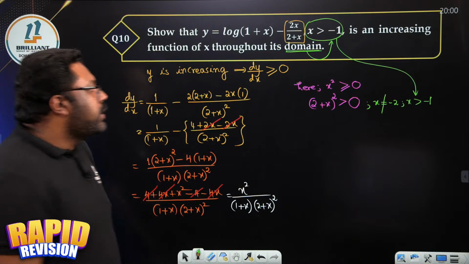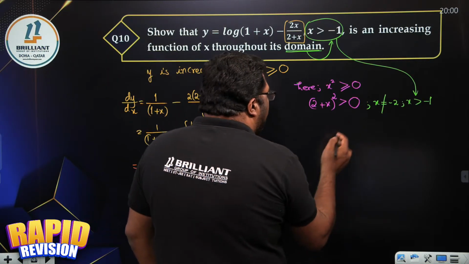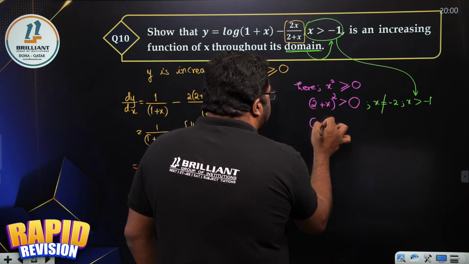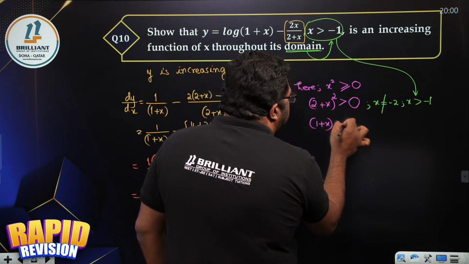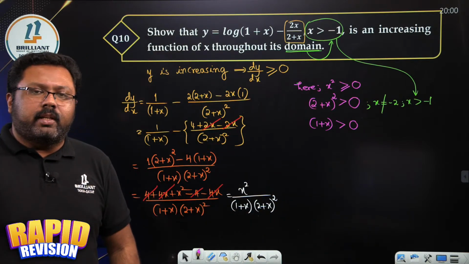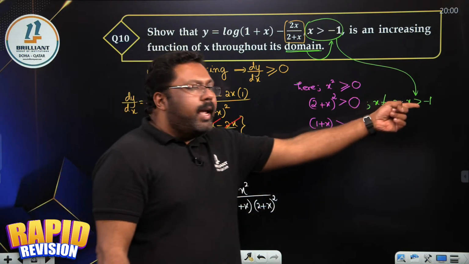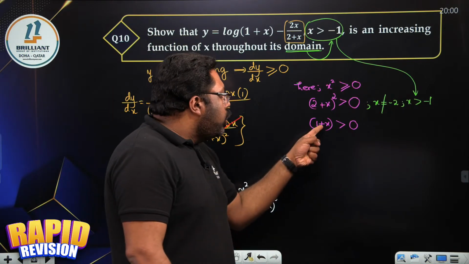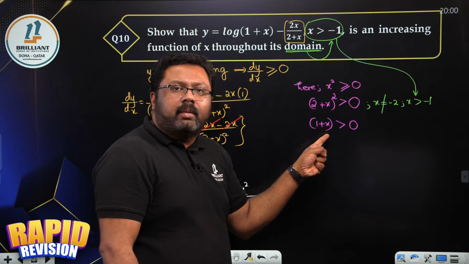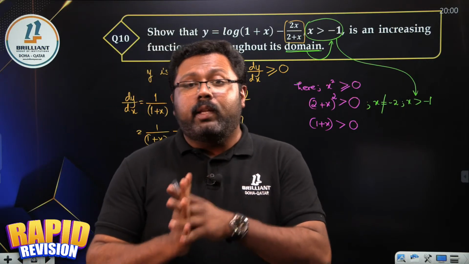It should be positive. Now the last term is the confusing term for many of you, 1 plus x, and I confidently will say that 1 plus x is also strictly greater than 0. Two ways you can say it. Because they said x is greater than minus 1, you keep substituting values of x greater than minus 1, and you will definitely get greater than 0.